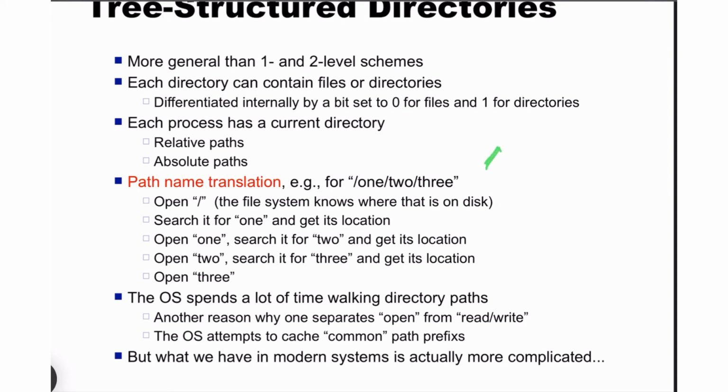So this one here, the file knows where it is on the disk. So the file open, we have folder 1, location 1, and then from location 1 there is a location 2, and from location 2 there is a location 3. So for example, you have a file.